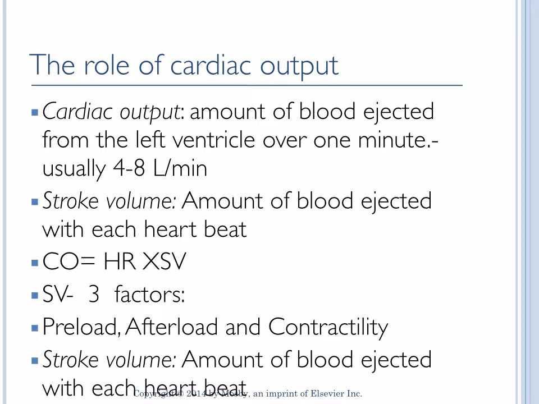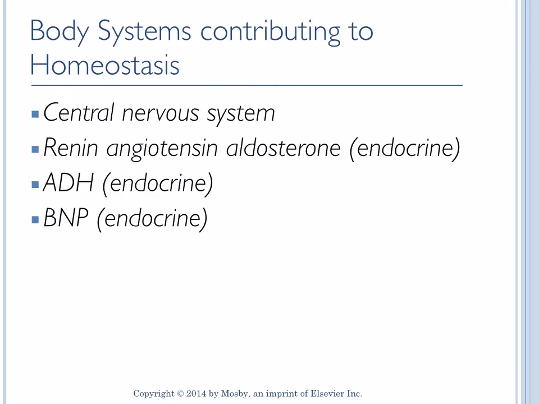This is what you need to know about the three factors of stroke volume: preload, afterload, and contractility. And our goal is always to increase the cardiac output. When you hear the word cardiac output, you think about the left ventricle. Okay. Now let's go to the next slide.